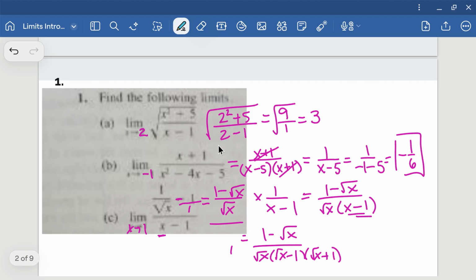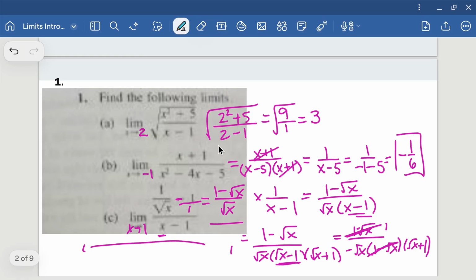So the last thing I can do is take this first binomial, and I'm going to also factor out a -1. So I'll have 1 minus the root of x over, I'm taking out a negative, root x is still there, so that will end up being 1 minus root x times root x plus 1. So now I can see that my factor on the top will cancel with the one on the bottom.